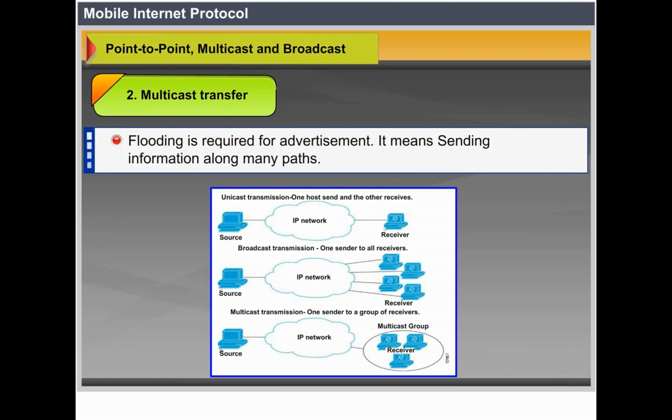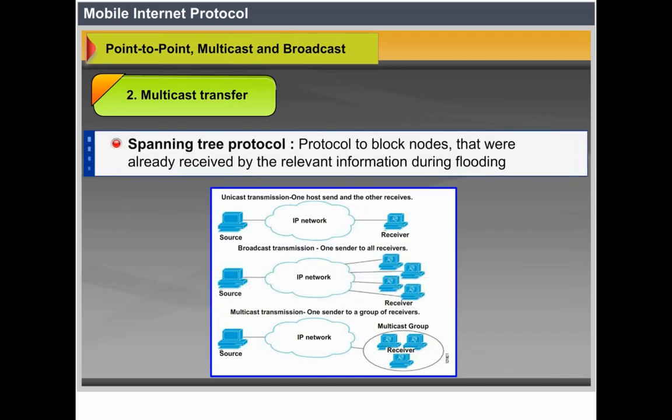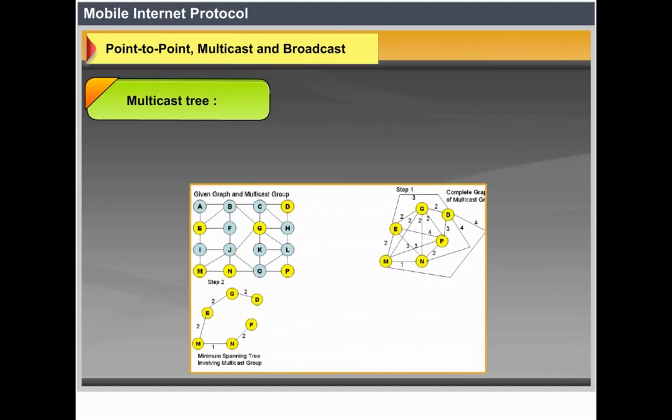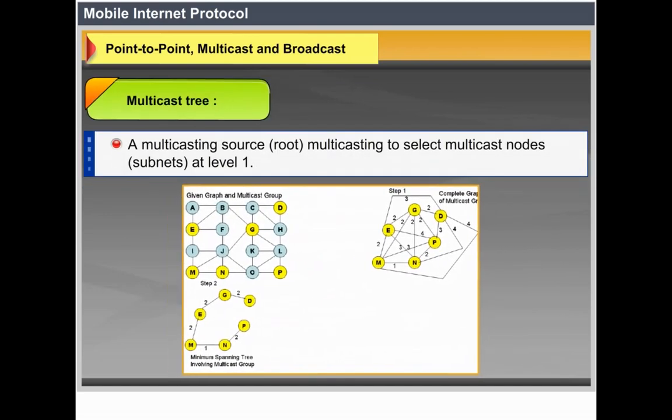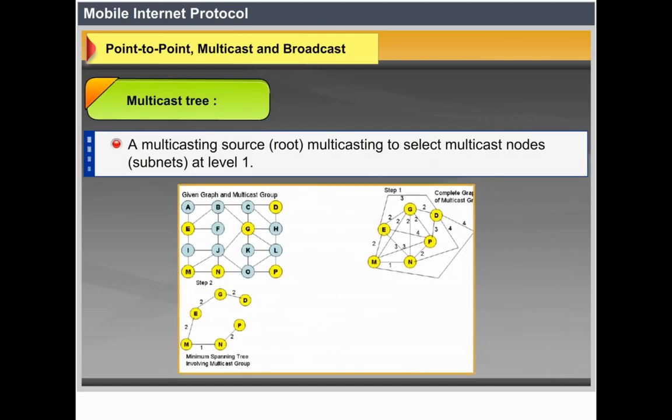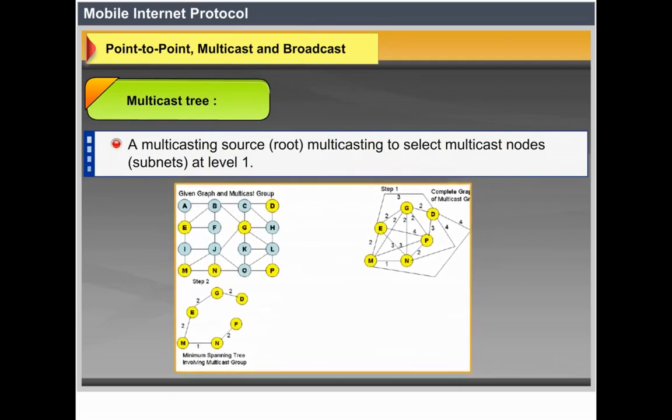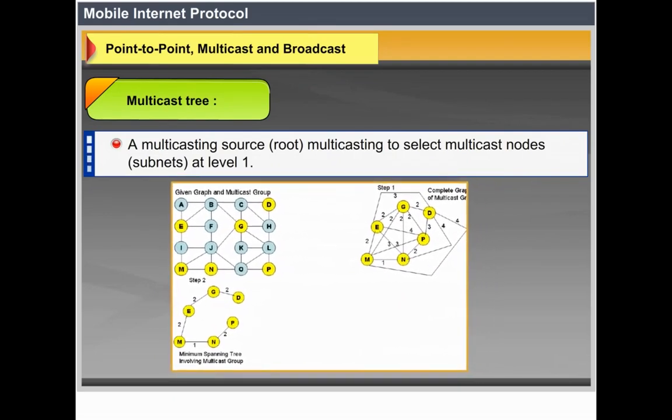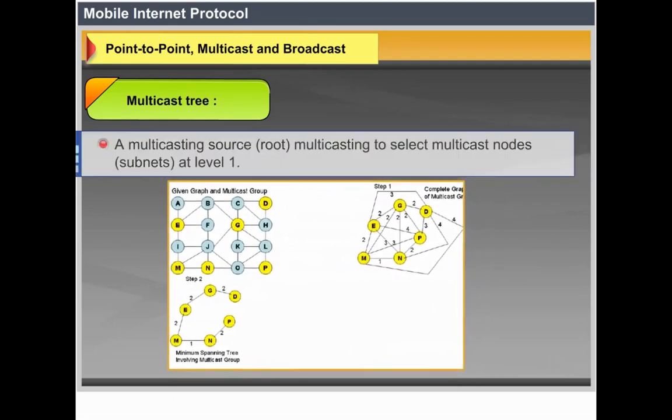It means sending information along many paths. Spanning tree protocol: a protocol to block nodes which have already received the relevant information during flooding. Multicast tree. A multicasting source route multicasts to select multicast nodes, subnets at level 1.